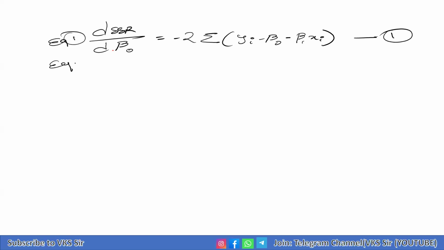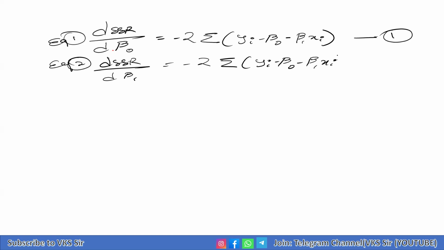And now for equation 2, with respect to beta 1, it is negative 2 sum of yi, xi. This one is equation 2.